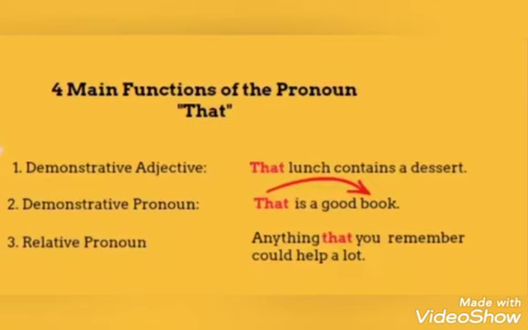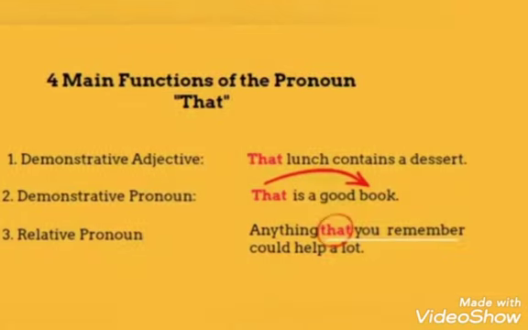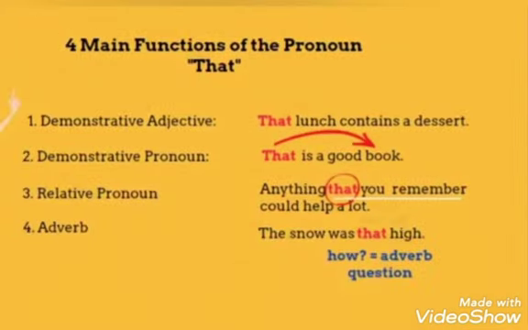Third one is a relative pronoun: anything that you remember could help a lot. That begins a dependent clause followed by a subjective verb. And the last one is the adverb: the snow is that high. How high? That high.